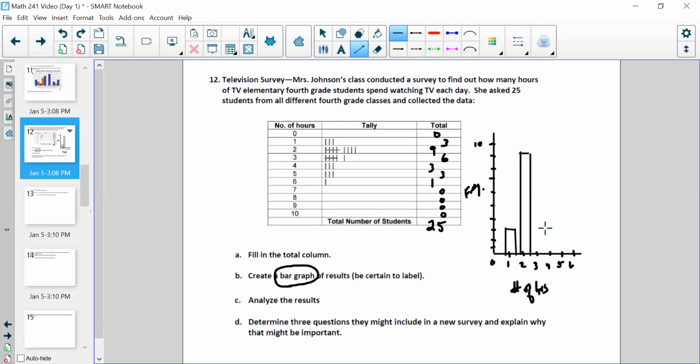And then we could go to 3 hours, had 6. 1, 2, 3, 4, 5, 6. So looking somewhere here. And then at 4 hours, we had 3. And then 5 hours, we had 3.